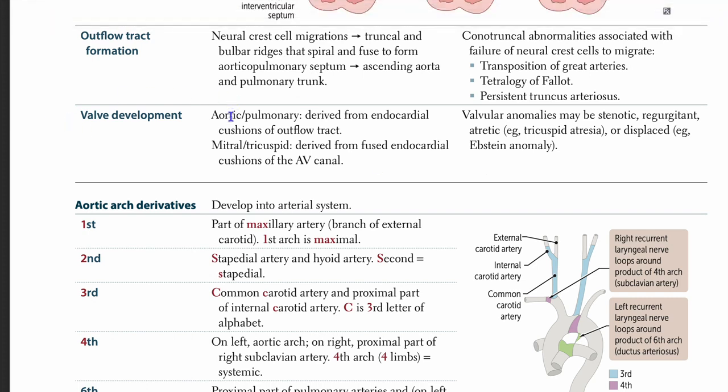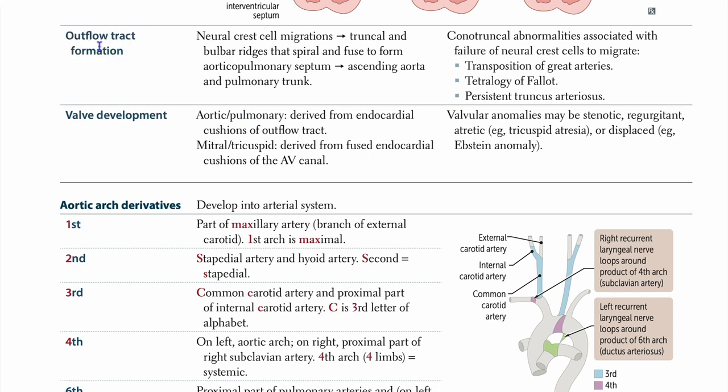Okay. So these are just the outflow formation abnormalities. Okay, these three at least. Then you have valve development: aortic and pulmonary valves derived from endocardial cushions of the outflow tract. Mitral and tricuspid derived from fused endocardial cushions of the AV canal.